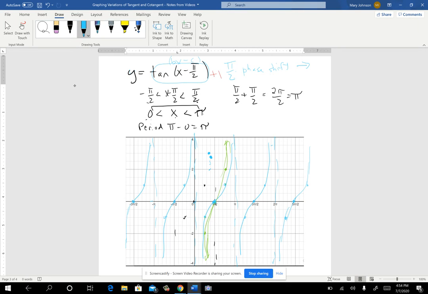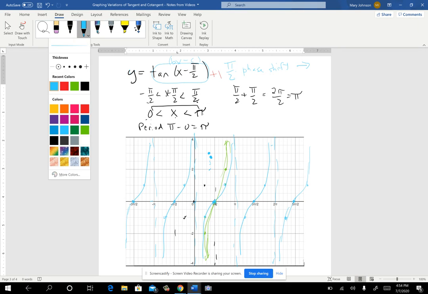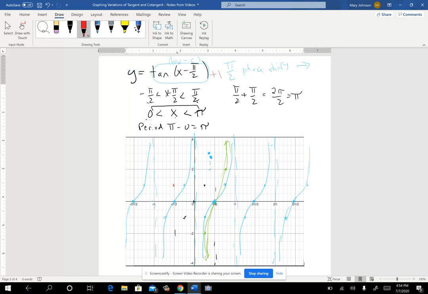If I did the +1 on that, what that would do is literally move every single point up 1 unit. It would be a vertical shift. Every point would move up 1 unit. And so the whole tangent graph would just be shifted up 1. Okay, and I won't keep going, but that's kind of the idea.